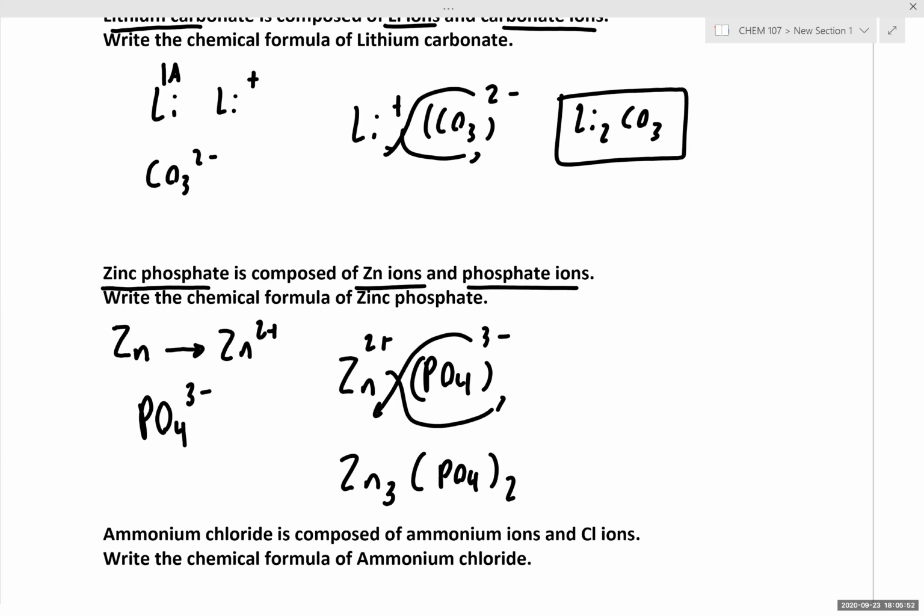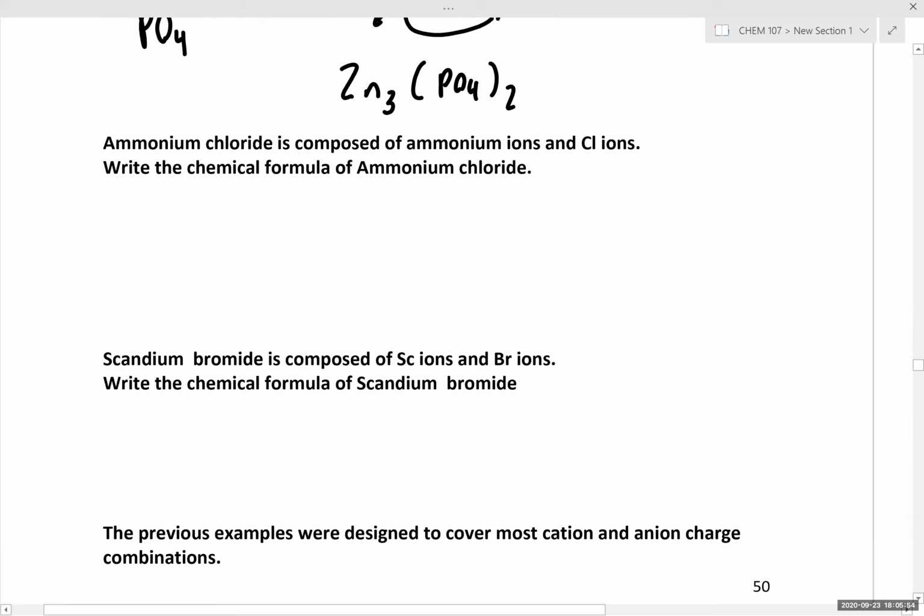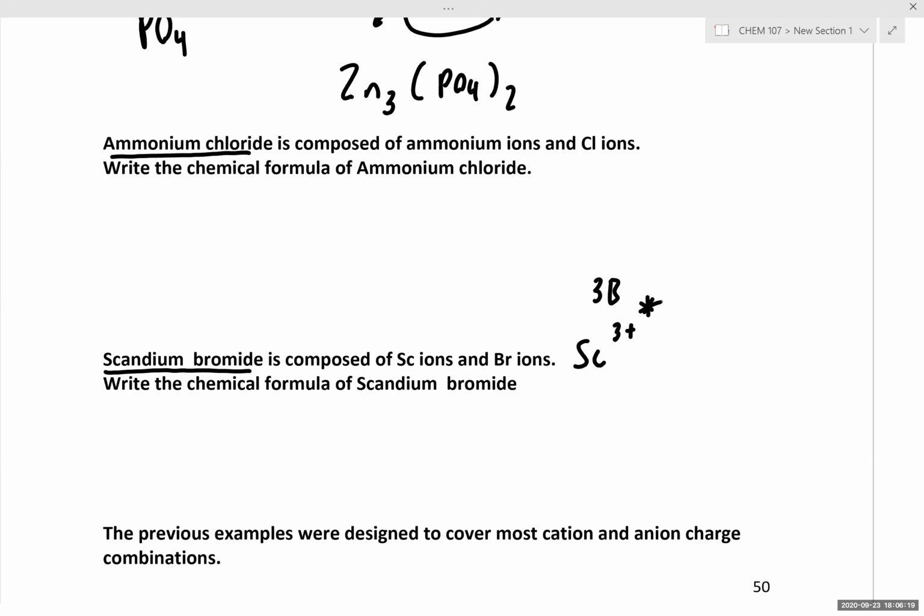If not, let's work on another set of examples. I'd like you to write the formula for ammonium chloride and scandium bromide, where scandium prefers to adopt a 3+ charge as it is a 3B transition metal, and it's an exception to the variable charge transition metals. It's another one of our fixed charge transition metals.